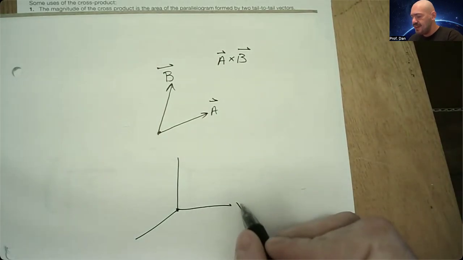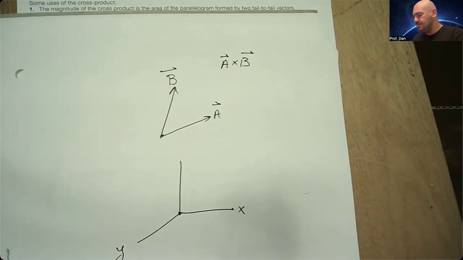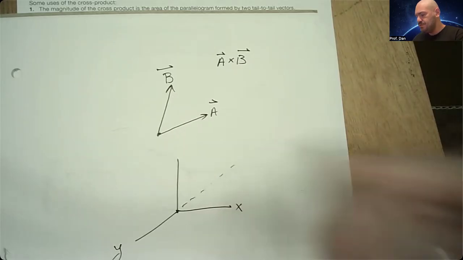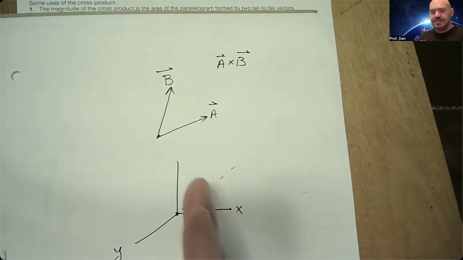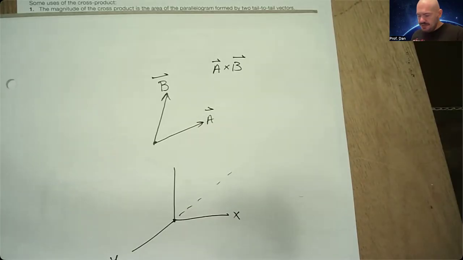If we have the XY plane here, if I were to push the X into the Y, I would get Z, or the Y into the X, I would get negative Z. In other words, the unit vector i cross the unit vector j results in the unit vector k.